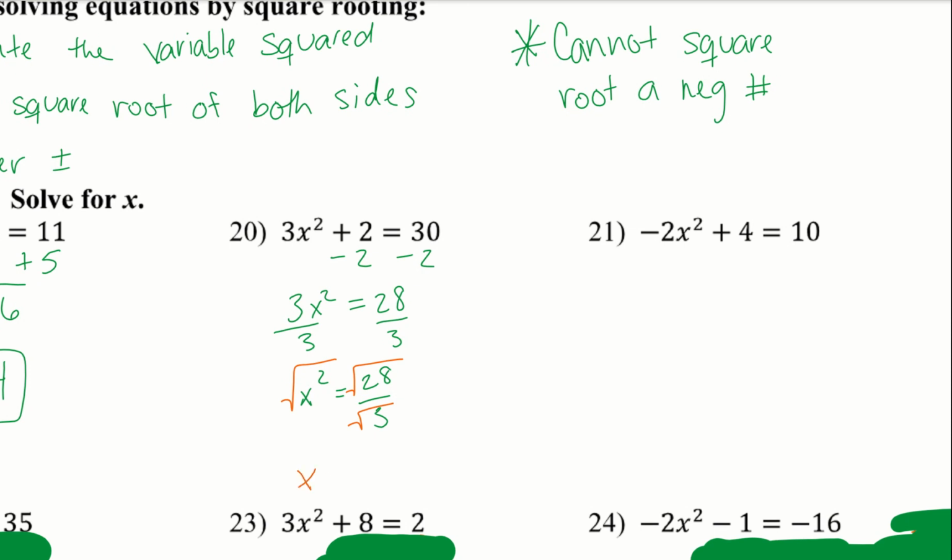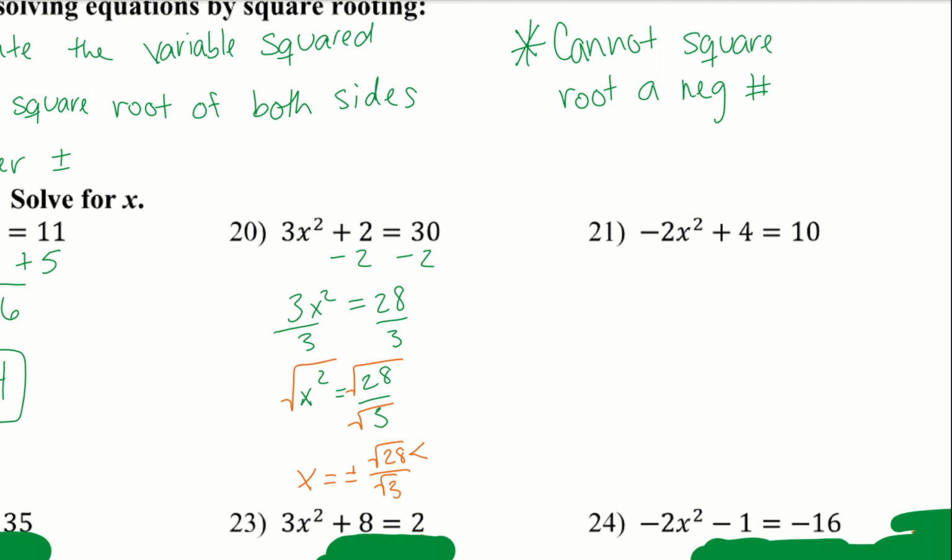So I now have x equals plus or minus the square root of 28 all over the square root of 3. Of course, I don't want my 3 in my denominator, and I can also reduce my radical in my numerator. So I'm going to do that first.